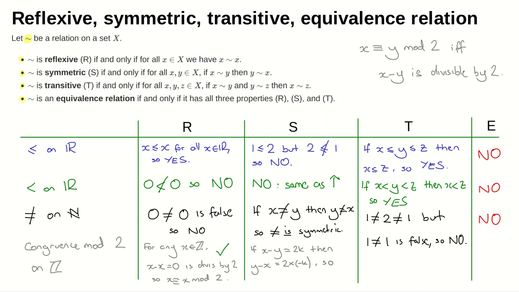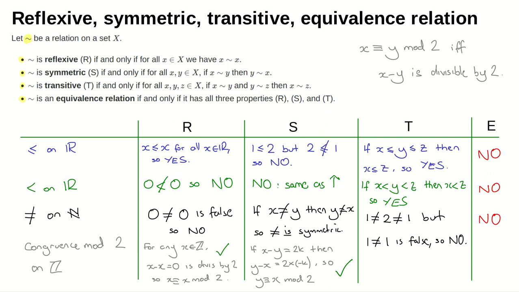So if x is related to y under the relation of congruence modulo 2, then y is also related to x, because y minus x is also a multiple of 2. So we've shown if x is congruent to y mod 2, then y is congruent to x mod 2, no matter what x and y are. So this is a symmetric relation.